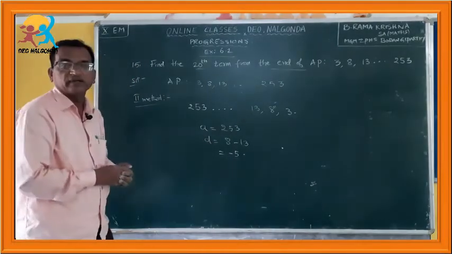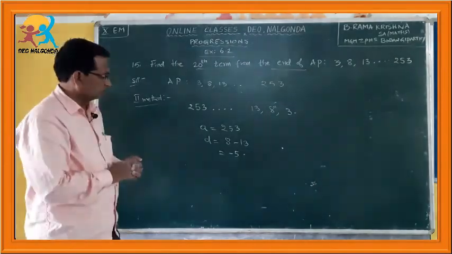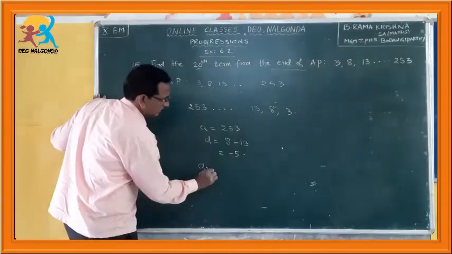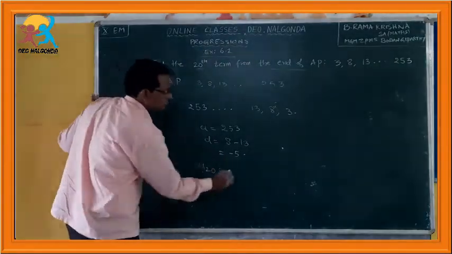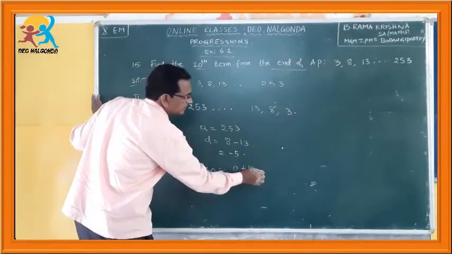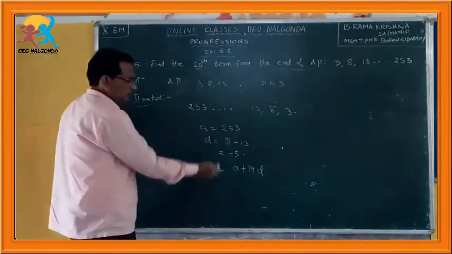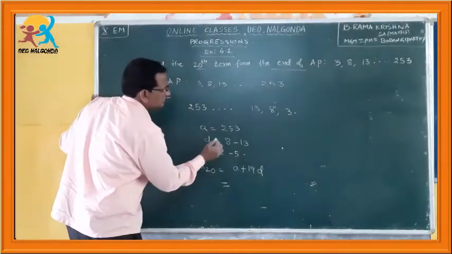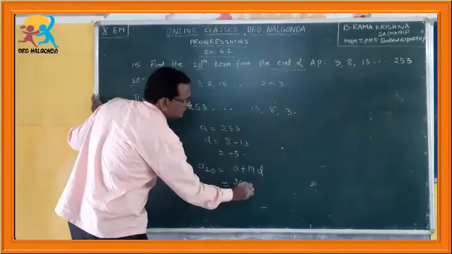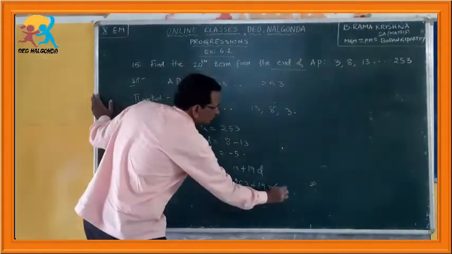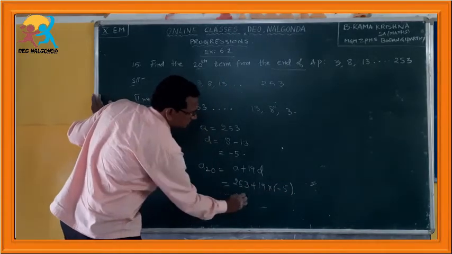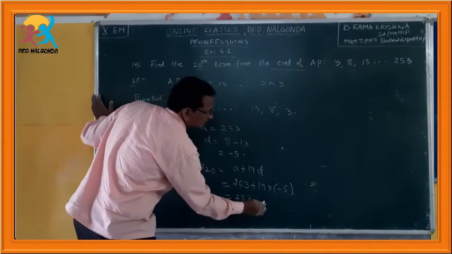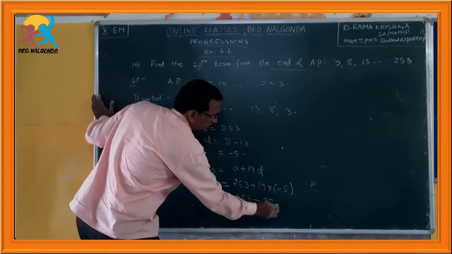Now, what you have to find is A20. A20 is equal to a plus 19d. By using a and d, you can directly find it. a is how much? 253 plus 19 into how much? Minus 5, which is equal to 253 minus 19 fives, which is 95.